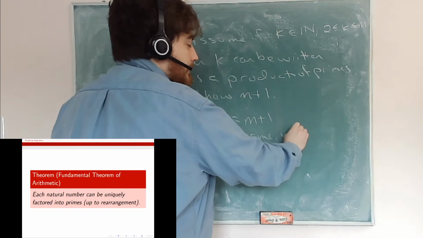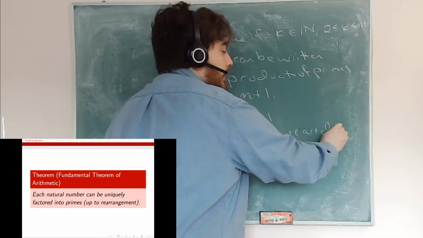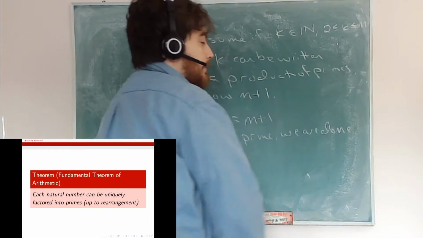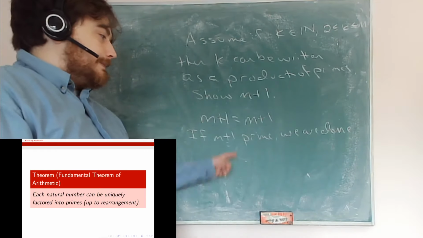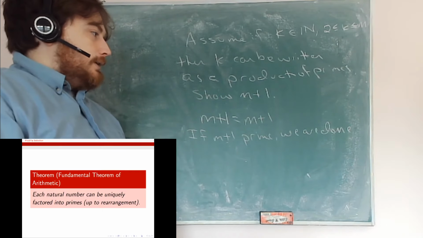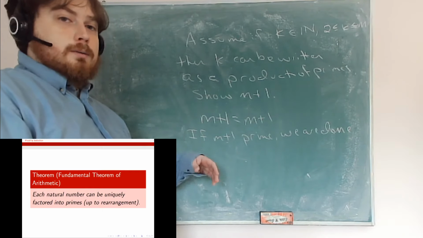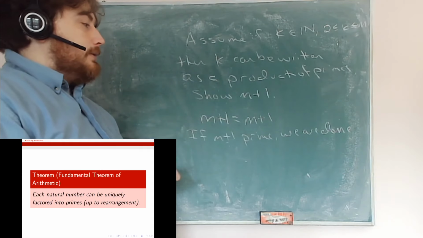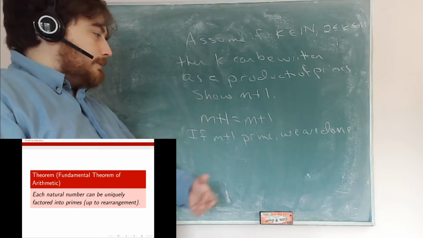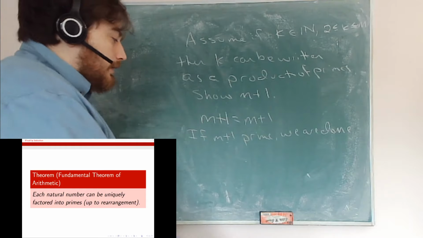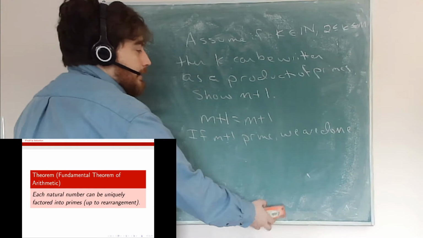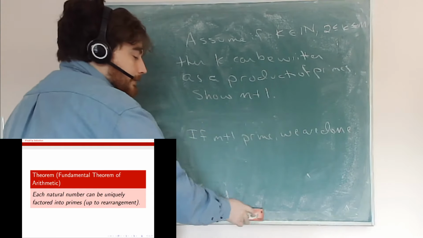Meaning that we have written m plus 1 as the product of primes by just writing down m plus 1. So there's nothing to prove there. We don't even have to use our induction hypothesis. We just get this as prime, so we're done. Otherwise, we're going to assume that m plus 1 is not prime.